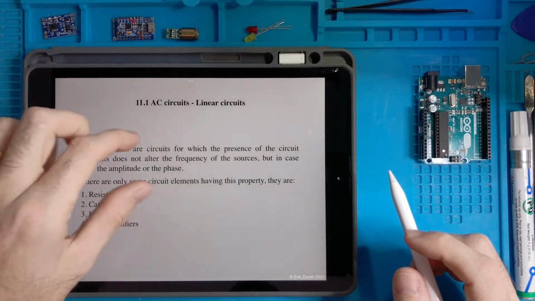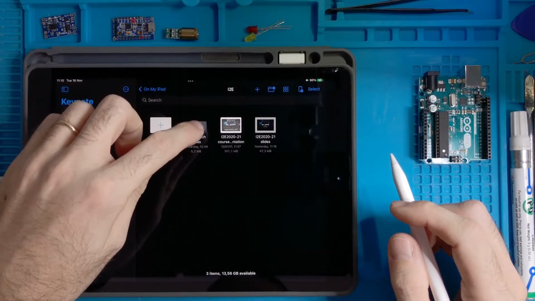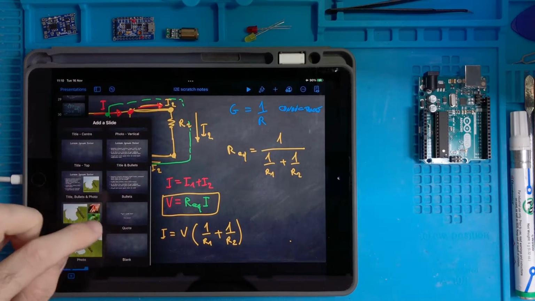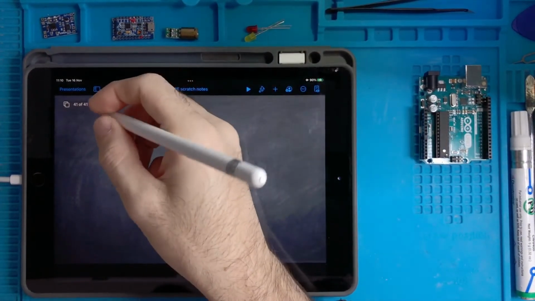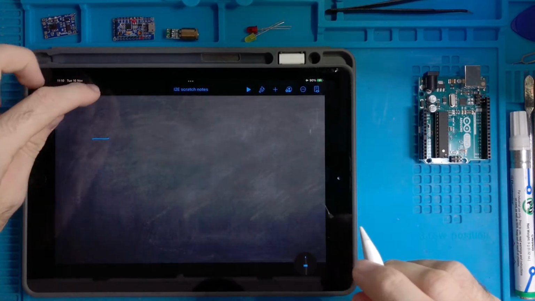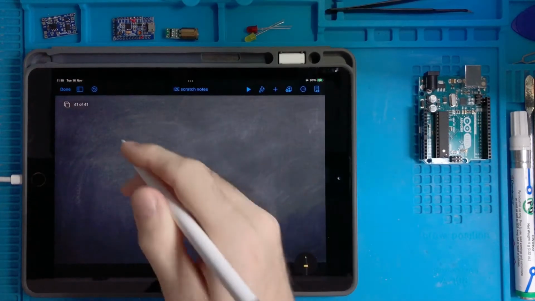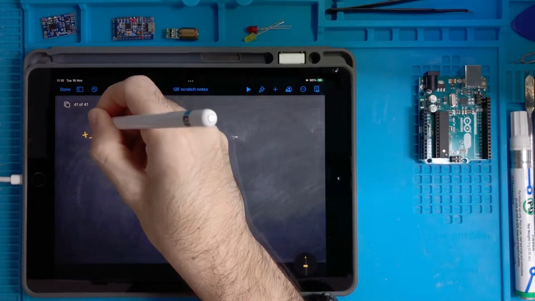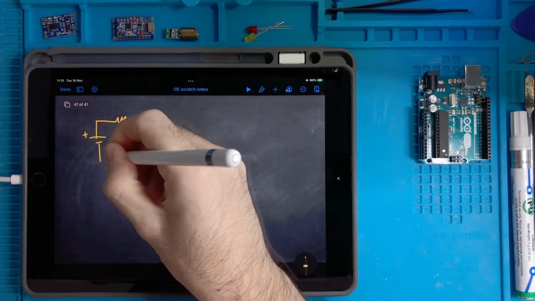So I want to go back to the scratch notes. So imagine now we have this circuit. Sorry, I want to change color. Okay. A battery, a resistor, and another resistor like this.